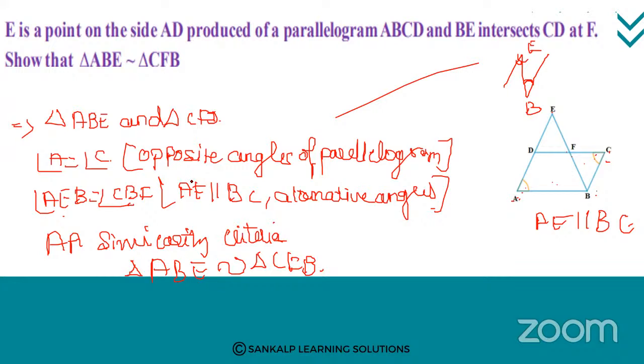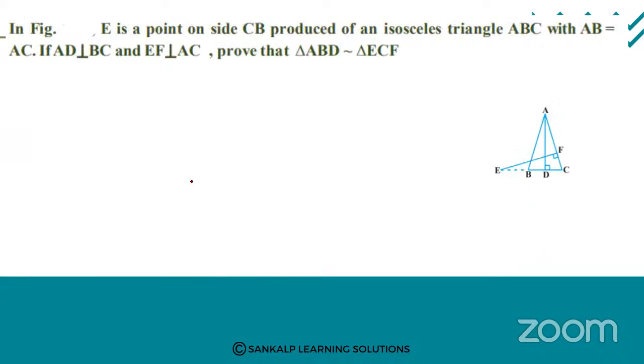Understood? Next, in the figure, E is a point on the side CB produced of isosceles triangle ABC with AB equal to AC. If AD is perpendicular to BC and EF is perpendicular to AC, prove that ABD is similar to ECF.